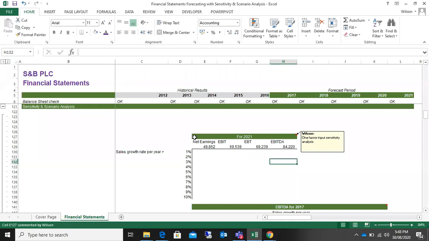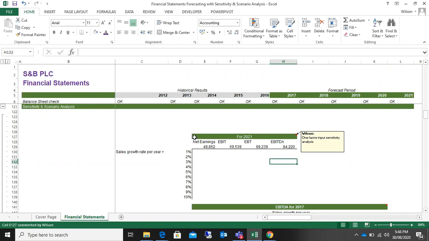Now, let me explain what sensitivity analysis is again and what it is used for. When we prepare financial statements, whether historical or forecast, but most times for forecasting, whether it's budget preparation or financial statement forecast, we do sensitivity analysis. What do we mean by sensitivity analysis?